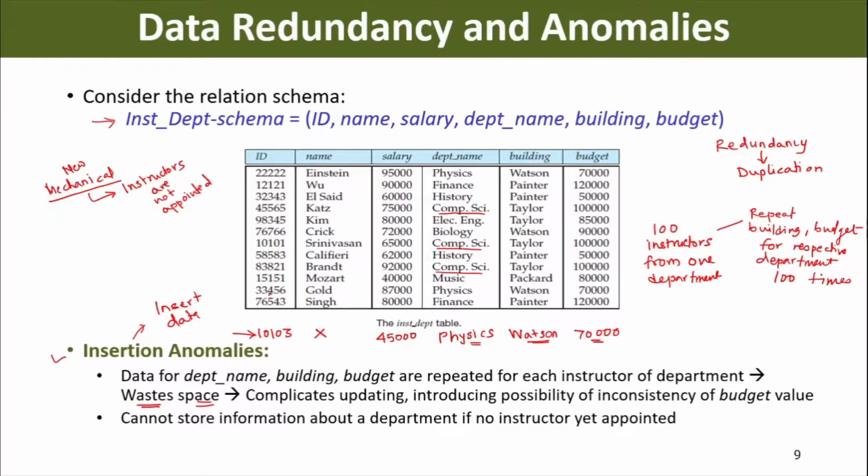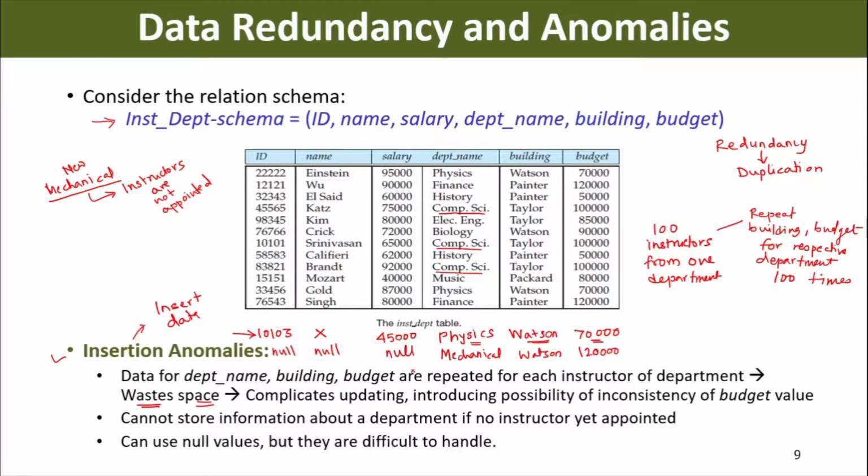Now one may say that even though the instructor is not appointed, it is possible to insert this mechanical department. How? We may insert this mechanical department with Watson building and some budget, right? And as we do not have any instructor appointed yet, we need to put null values here, right?